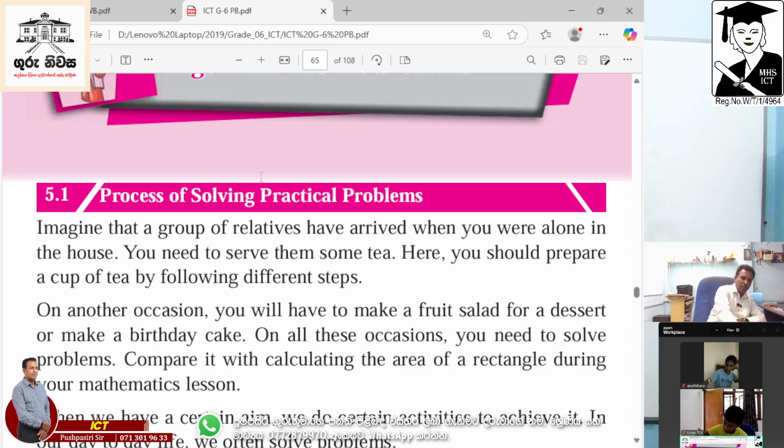There are some steps we have to follow to solve a problem.